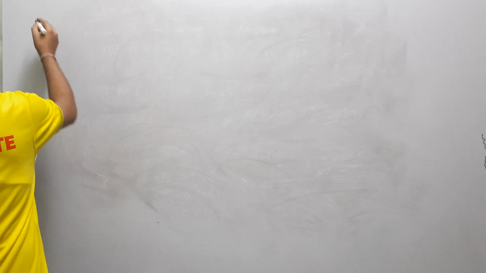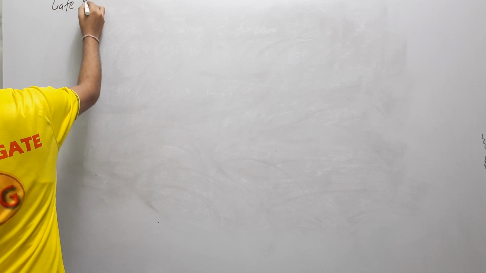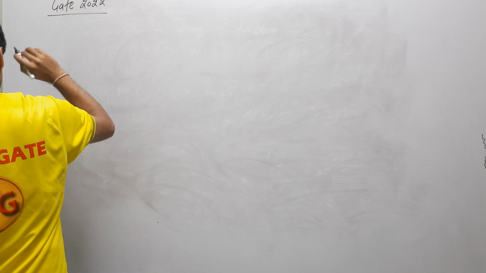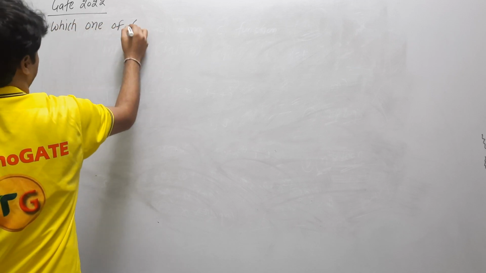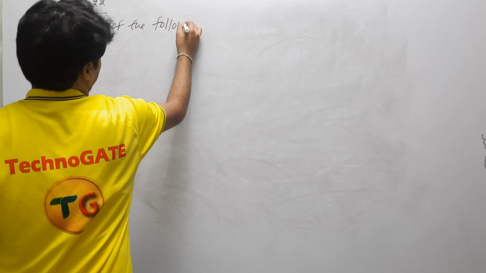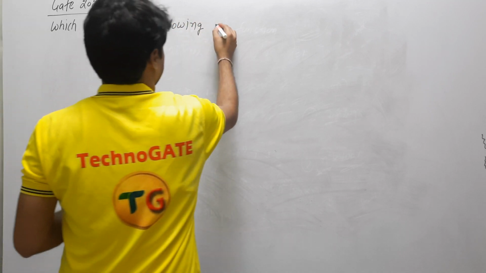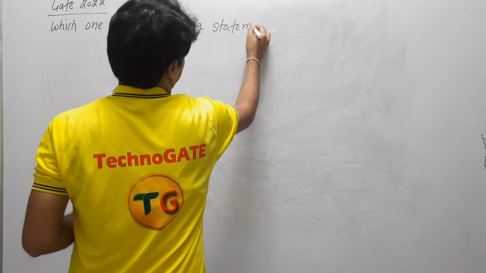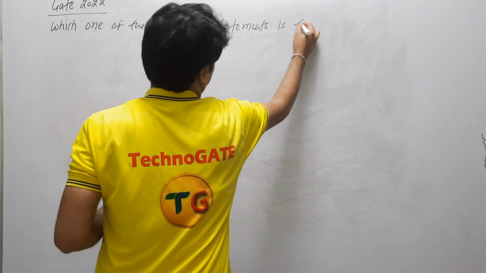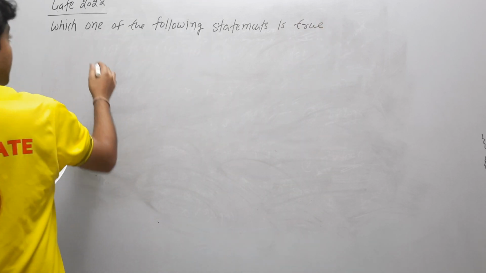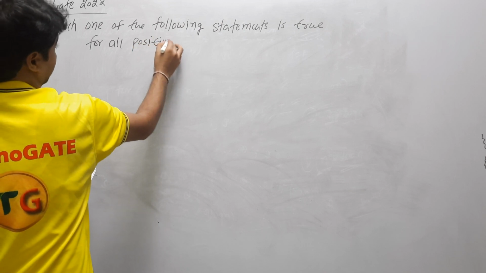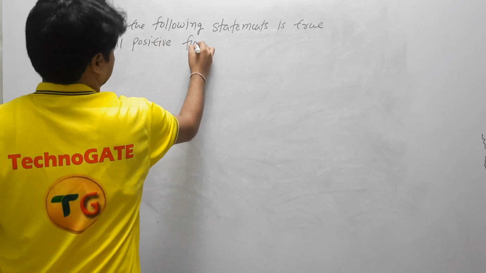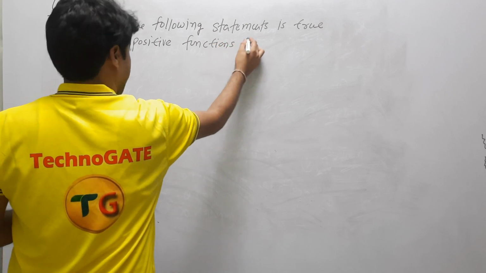This is the GATE 2022 problem. It's a very important part. Which one of the following statements is true for all positive functions f(n)?